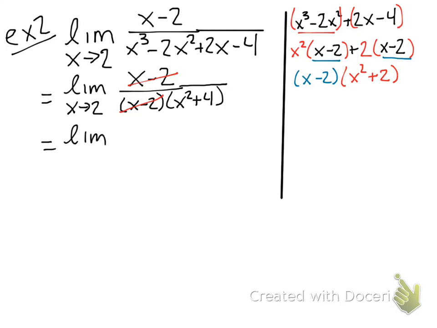So the limit as x approaches 2 of 1 over x squared plus 4. Now that we've divided out, we could try direct substitution again. 1 over 2 squared plus 4 gives us an answer of 1/8.